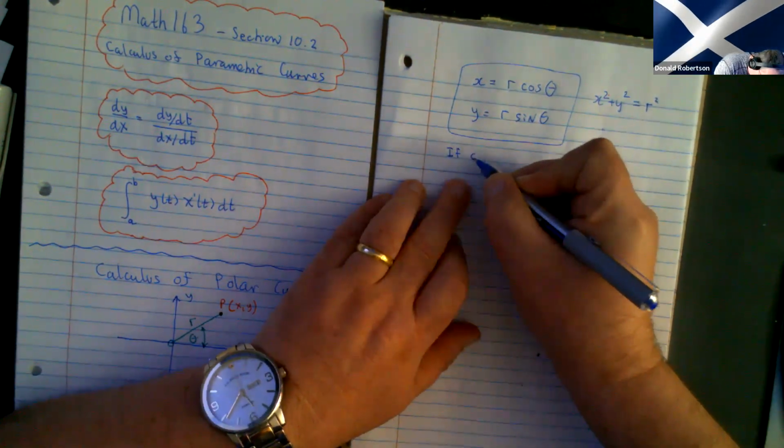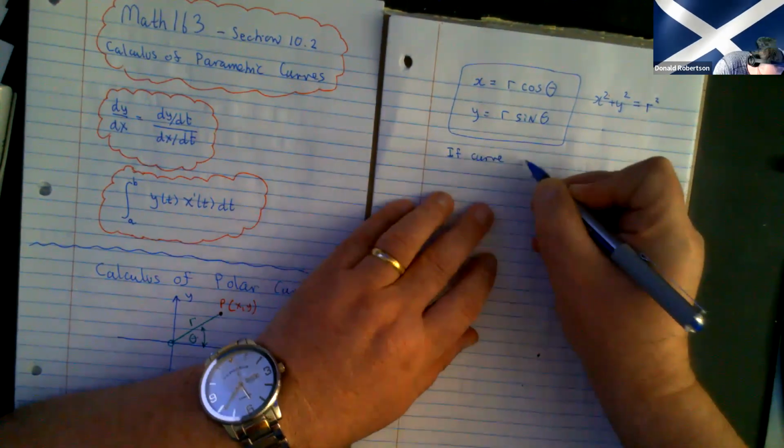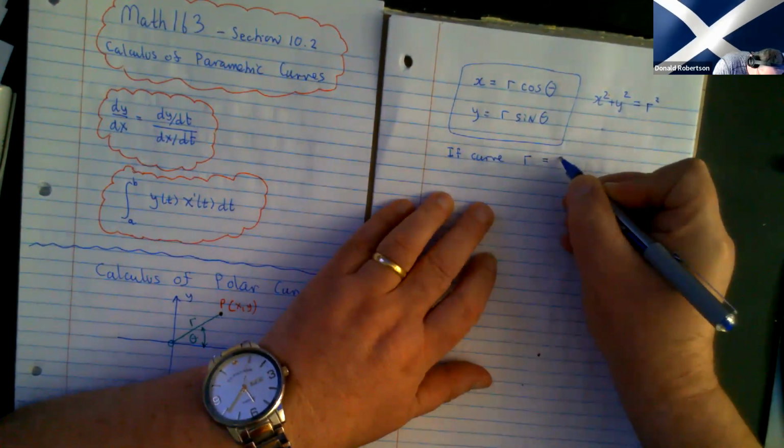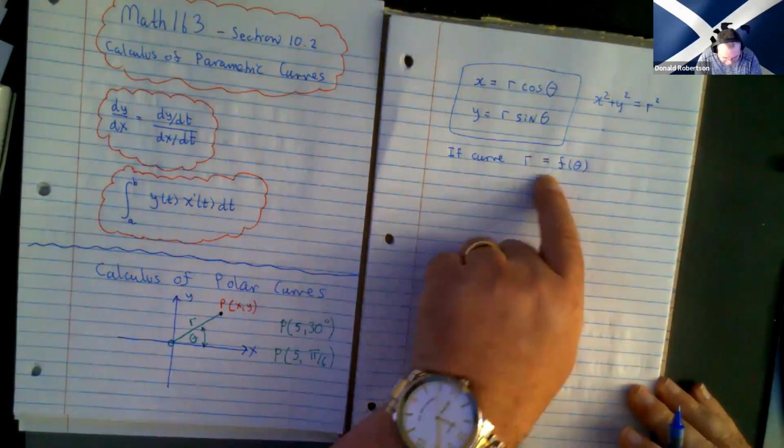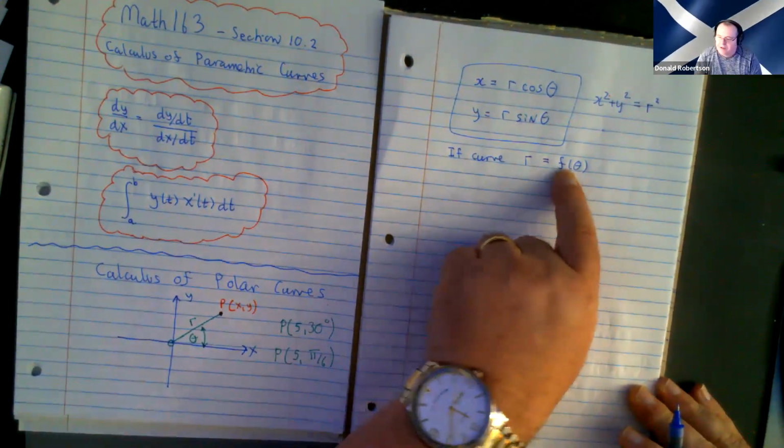If you have a polar curve, and it's written down as r equals f of theta, right? So it might be r equals 5 cosine theta. It might be theta squared plus 1.